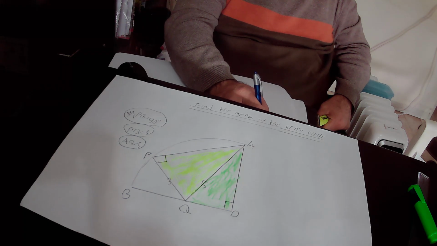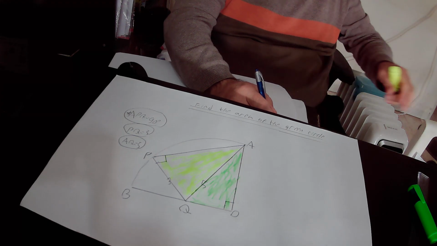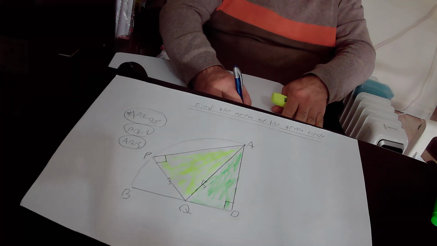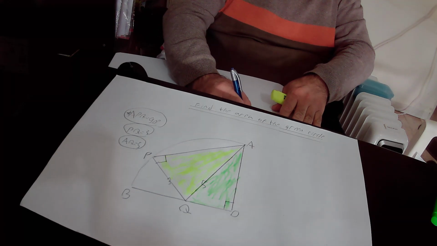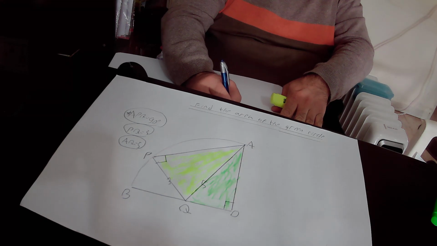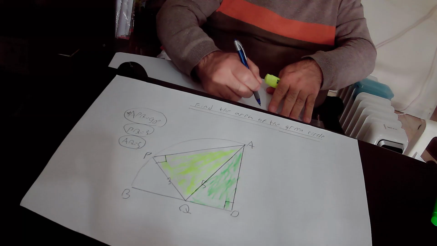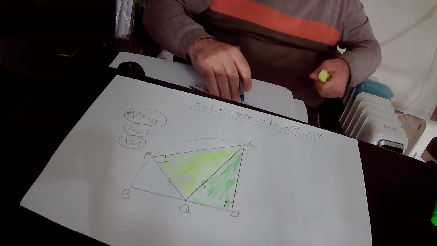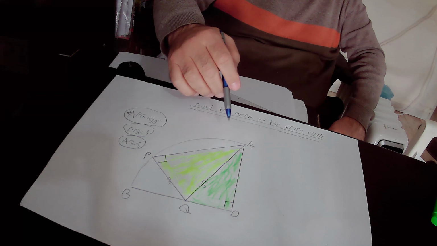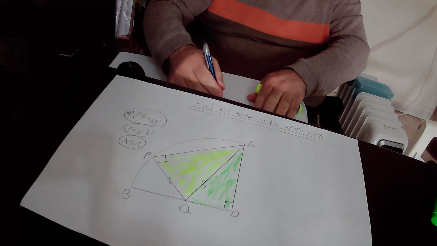According to the Pythagoras theorem, in any right triangle, the square of the hypotenuse equals the sum of the squares of the perpendiculars. The hypotenuse in the yellow triangle is AQ.